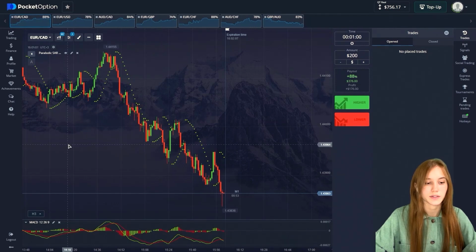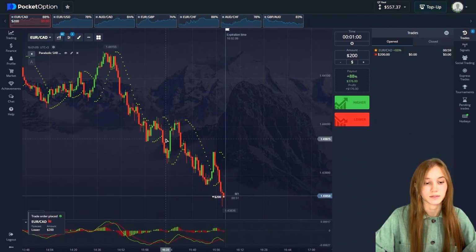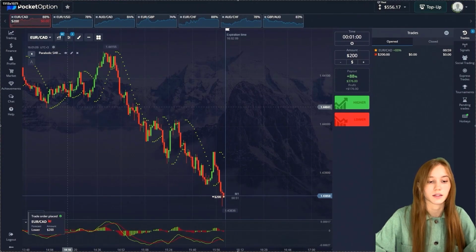So we are on the next concept. Let's open down deal and start our technical analysis. We see decreasing, it's stable on our chart. Then we see by parabolic, we see points at the low up position. It's stable.